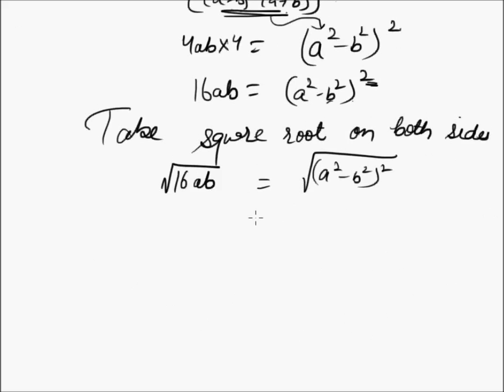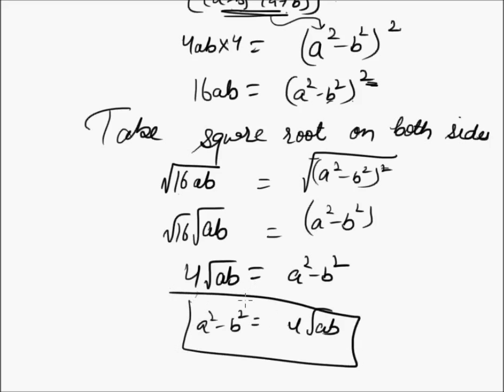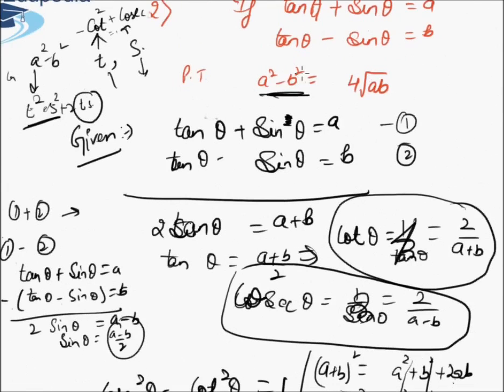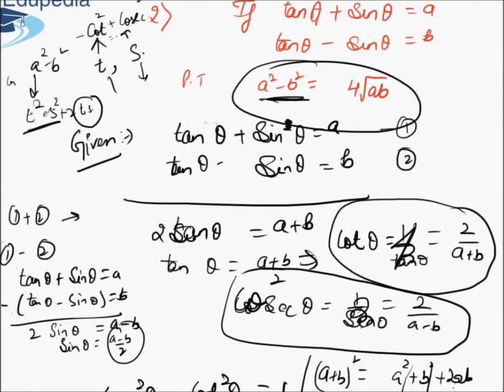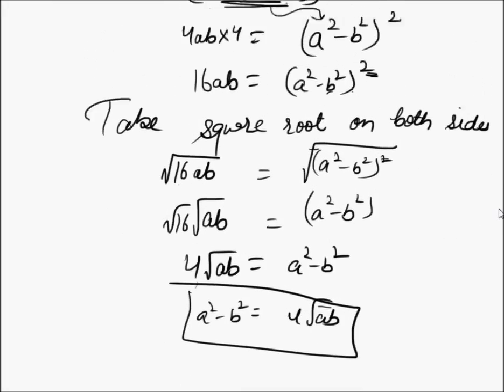So we have under root 16 into under root ab, and the square root will cancel this 2, so a square minus b square. So we have 4 under root ab as a square minus b square, or simply a square minus b square is 4 under root ab if we shift the sides. So we have achieved the required result, the to-prove part, and hence the given question has been proved.